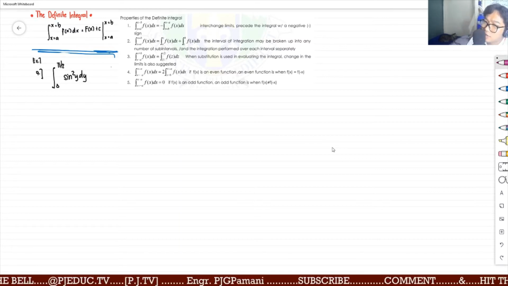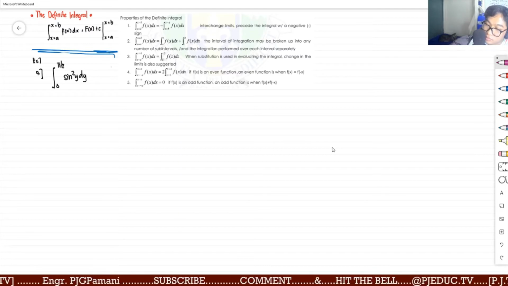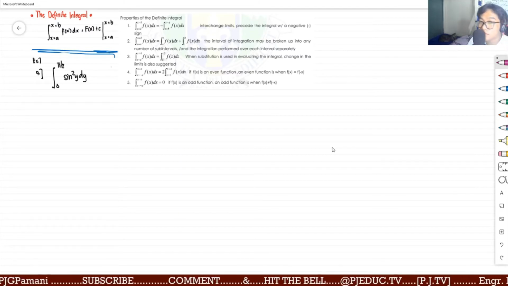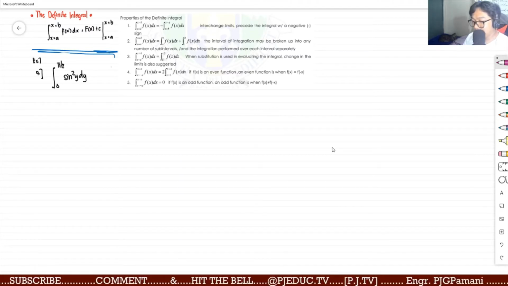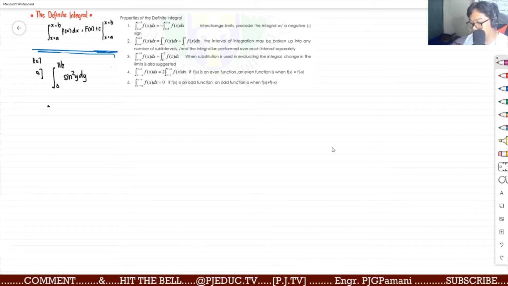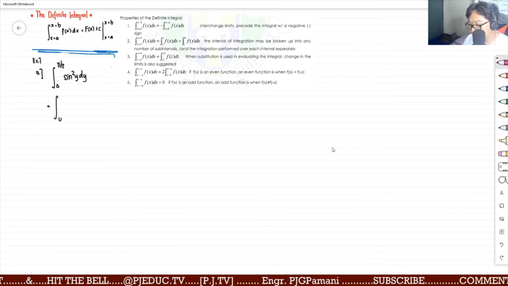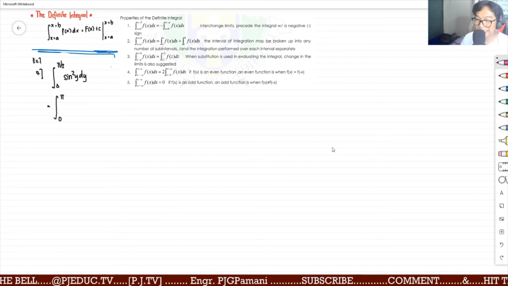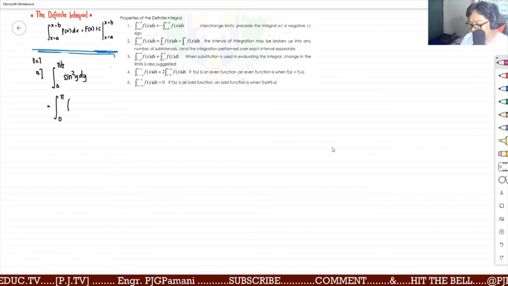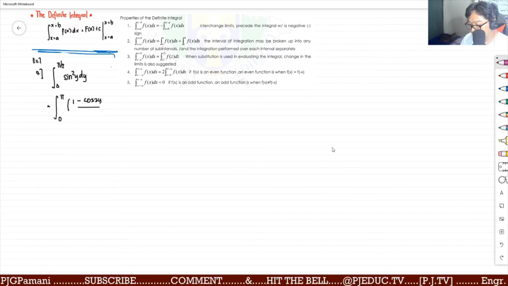Is it type 1, 2, 3, or 4? It is a trigonometric function with an even exponent. If even exponent, what is the equivalent identity we will use? That is (1 minus cosine 2y) all over 2 dy.